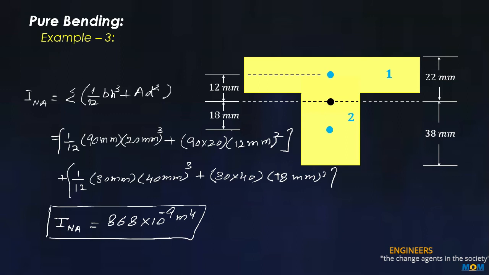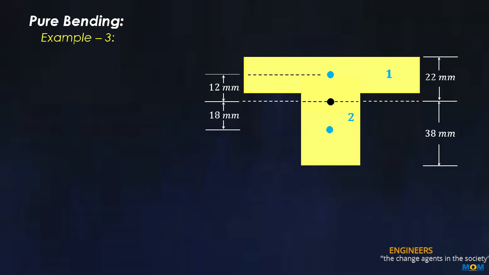Now to calculate maximum tensile stress, sigma maximum for tensile is going to be Mc upon I. The maximum tensile stress is going to occur at the top surface because the bending moment is towards the downward.